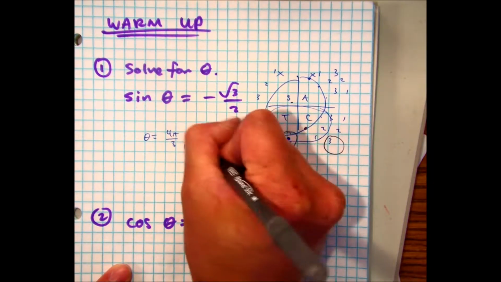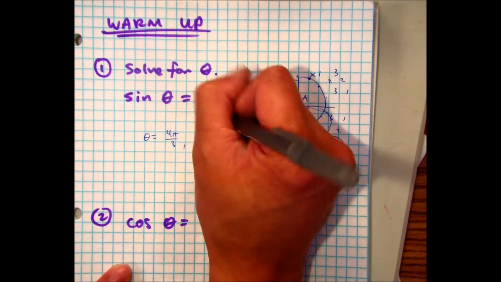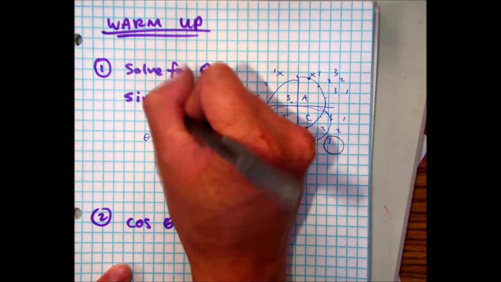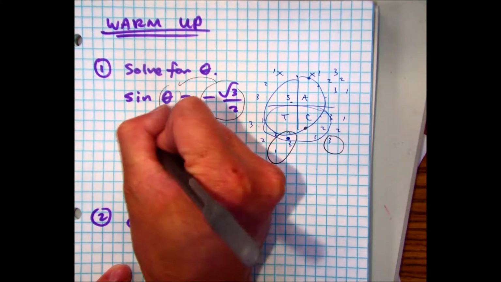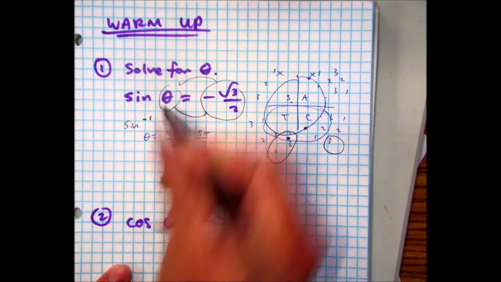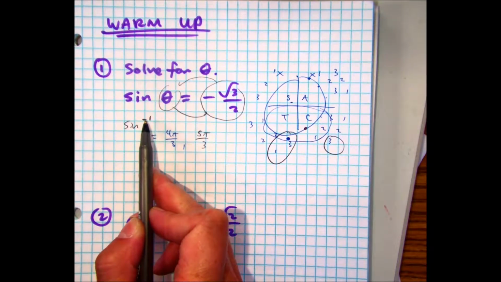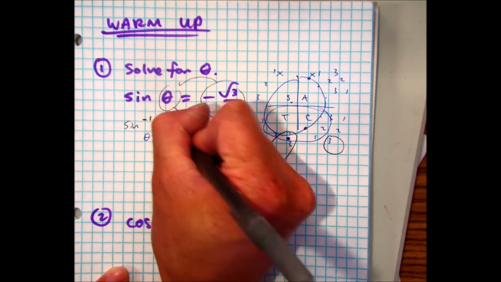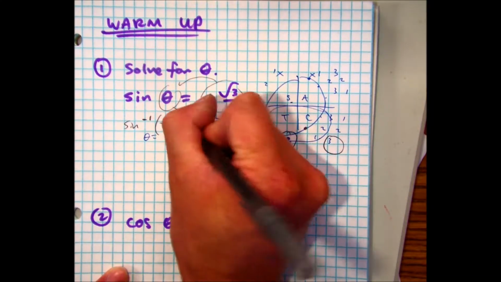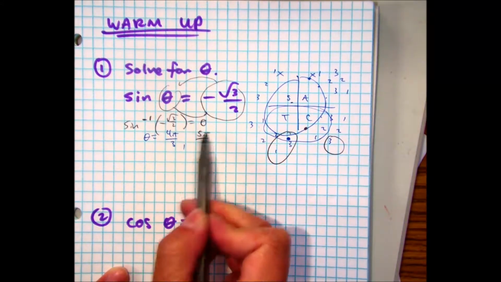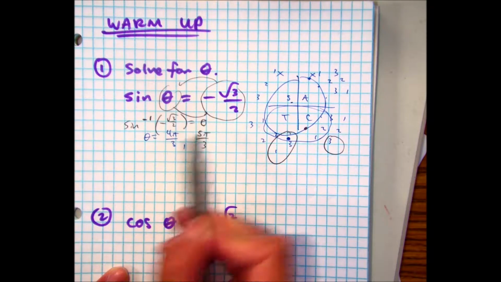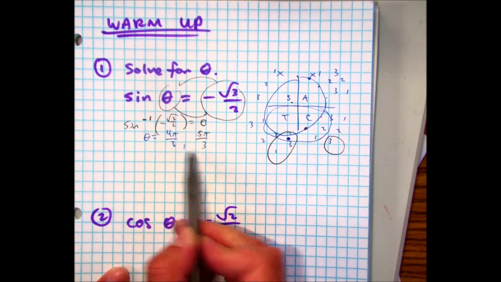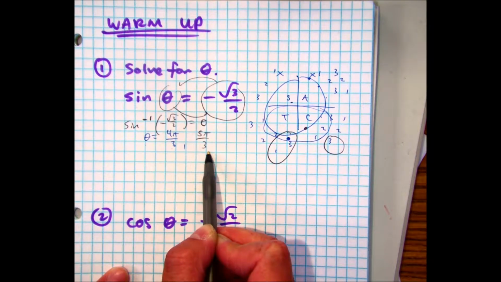Oh no! To solve the problem, we're taking the inverse. There's the on button. I'm trying to find the inverse to find this angle. This angle I'm saying is 4 pi over 3 and 5 pi over 3.